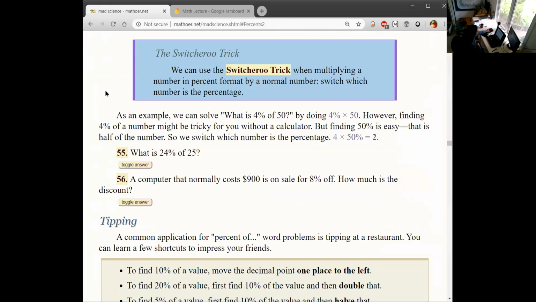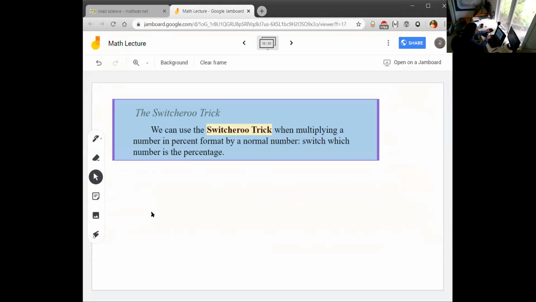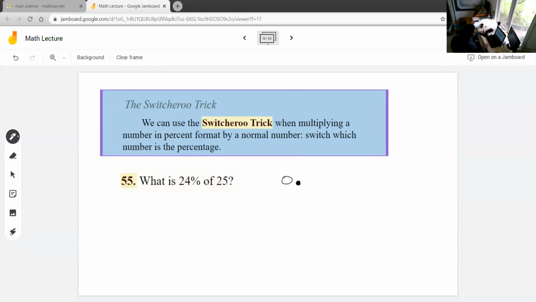So if I am saying what is 24% of 25, I don't want to write it as simply 0.24 times 25. That's not a friendly thing.